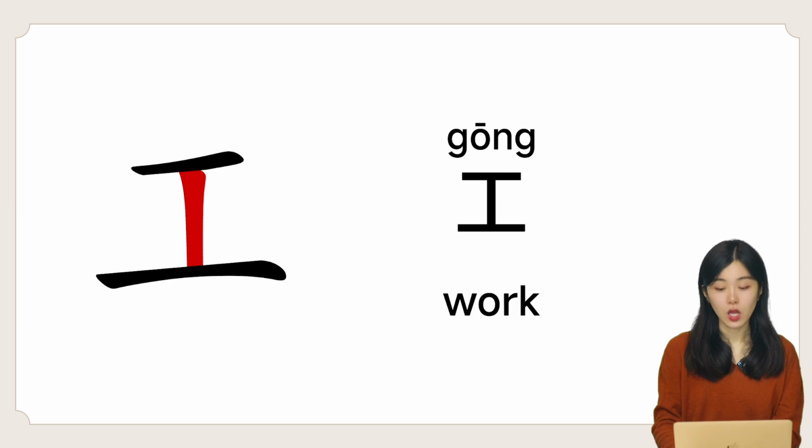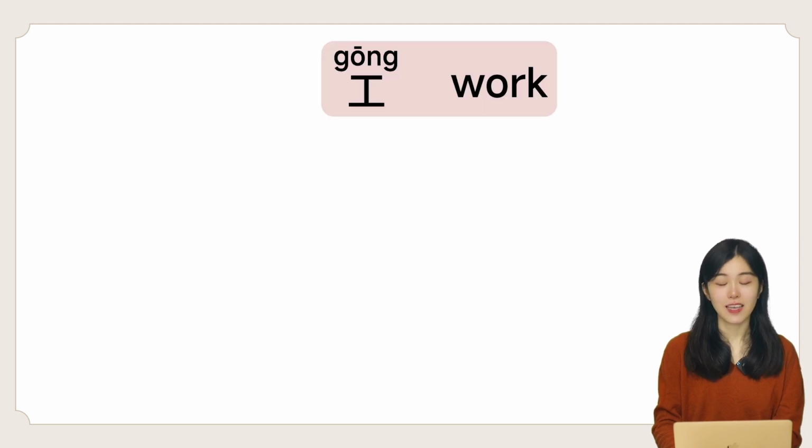Next example character. 工 means work. Please read it after me. 工. Guess how to write this character? Yeah, we should write it from the top to the bottom. So, which stroke should we write first?